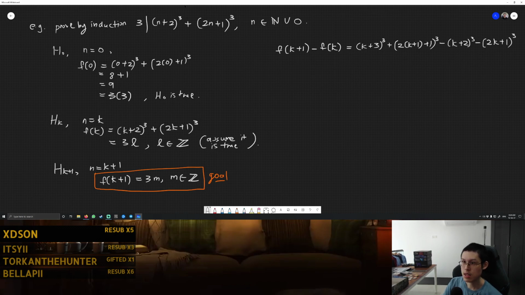Okay, so this is going to take a while to expand, but we can just use the binomial theorem. Technically, you don't have to use the binomial theorem if you remember the binomial theorem triangle, so you can remember what the coefficients are. In this case, it's going to be 1, 3, 3, 1, right? Pascal's triangle. So that's going to give me k cubed plus 3k squared plus 3k.